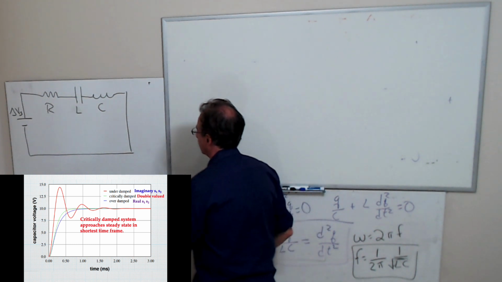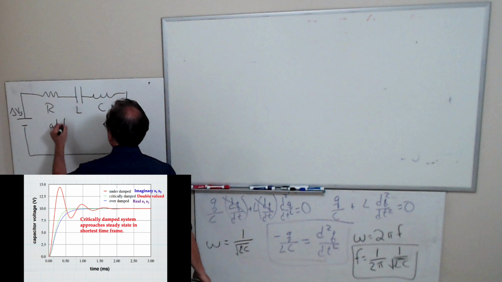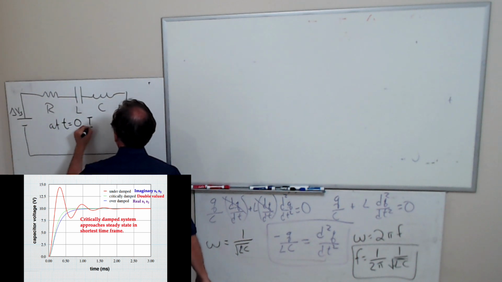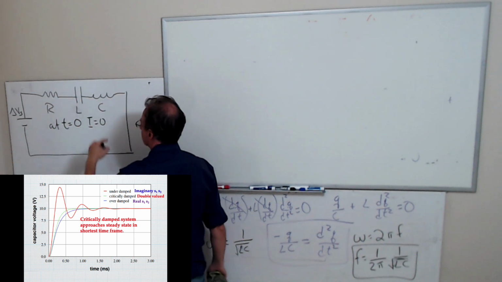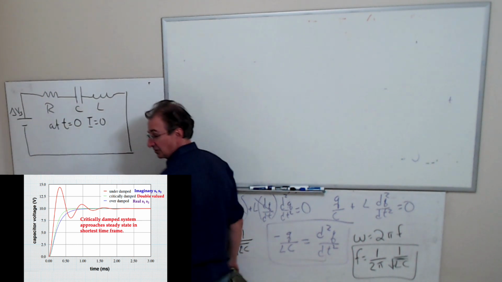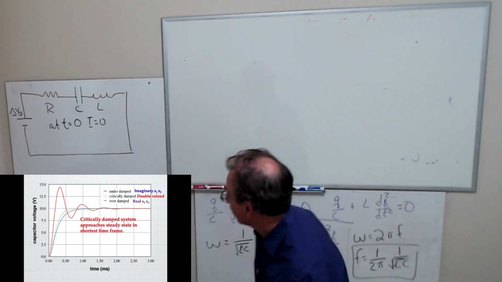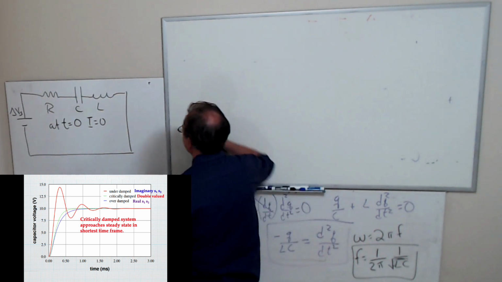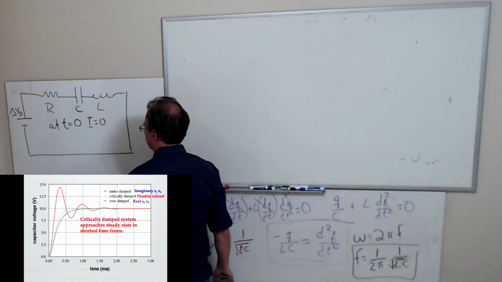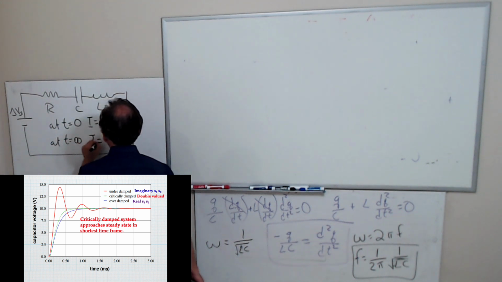I know that at t equals 0, I is 0 because the inductor opposes the change in the current. And at t equals infinity, I is also 0.